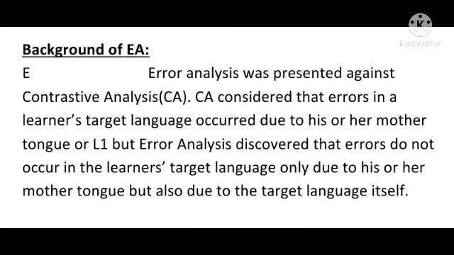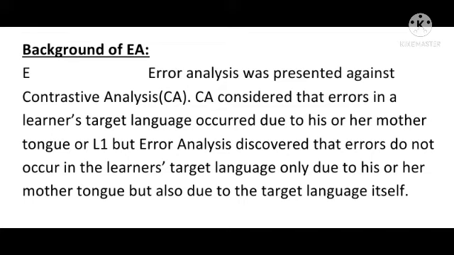Now, let's talk about the background of error analysis. Error analysis was presented against contrastive analysis. Contrastive analysis considered that errors in a learner's target language occurred due to his or her mother tongue, or we can also call it L1.